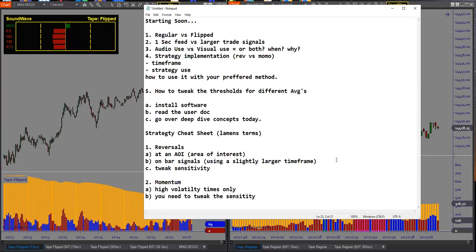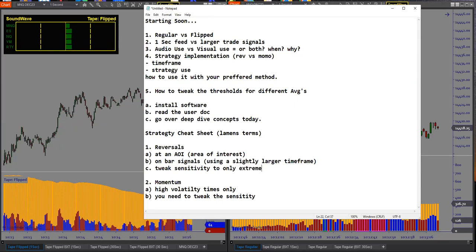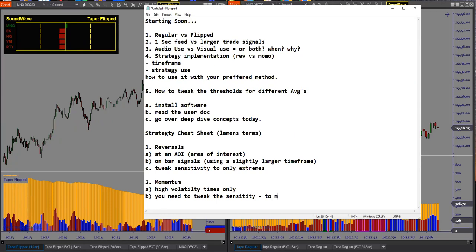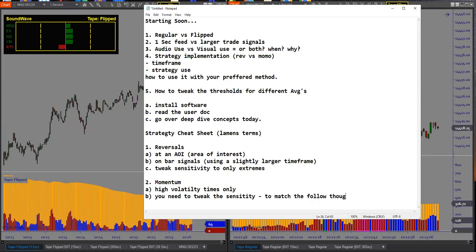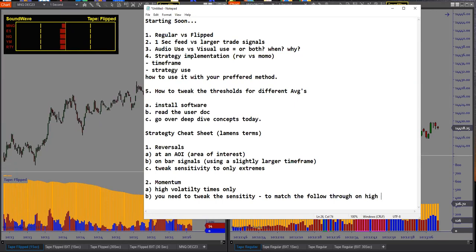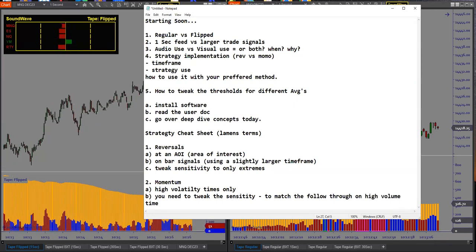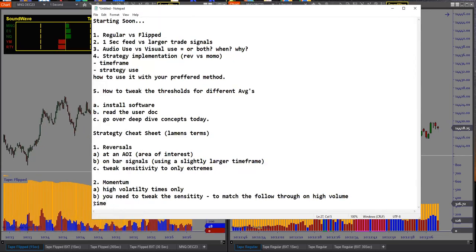You need to tweak the sensitivity to only extremes. And you may need to tweak the sensitivity to match the follow through on high volume times.